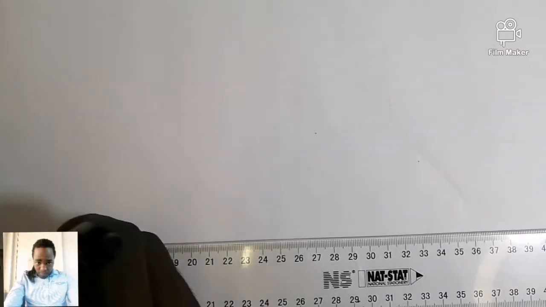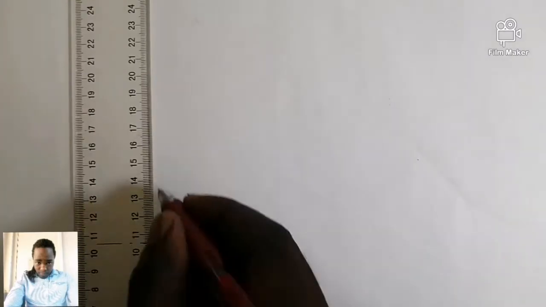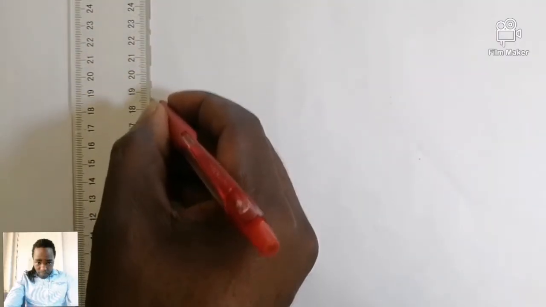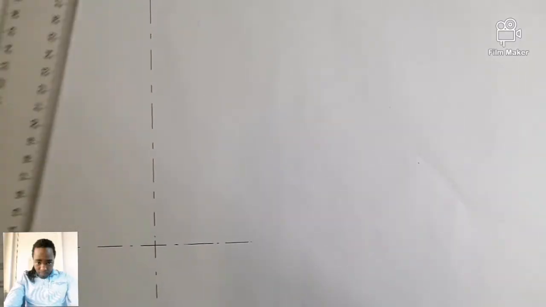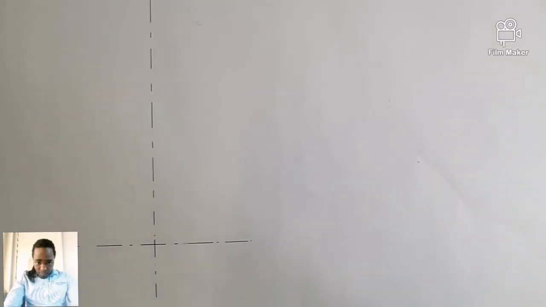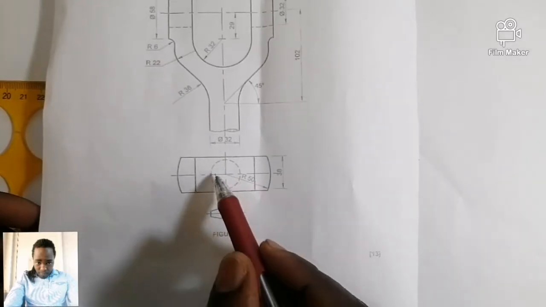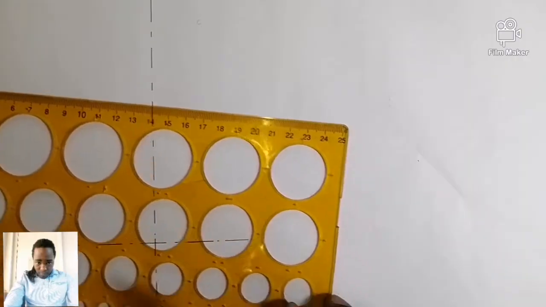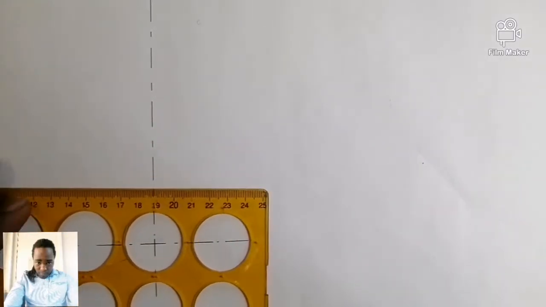Okay, start with the horizontal line, start with the horizontal center line. This one can even start up because it will be there even on your front view. So this one is diameter 32.